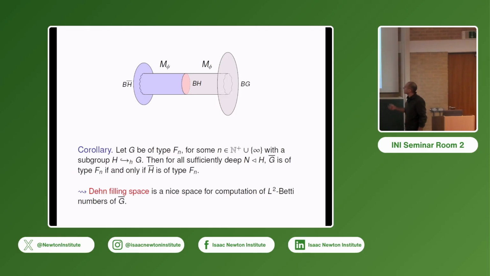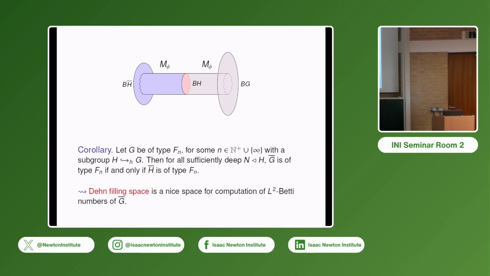Yeah, that's a good point. So you need to have a Cohen-Lyndon property. And if you have a Cohen-Lyndon property, then this construction gives you a classifying space for G bar. So you can always do this picture, and you'll get that it has finite n-skeleton, but it will only mean something if you take N sufficiently deep, because then it will be a classifying space for the Dehn filling subgroup.